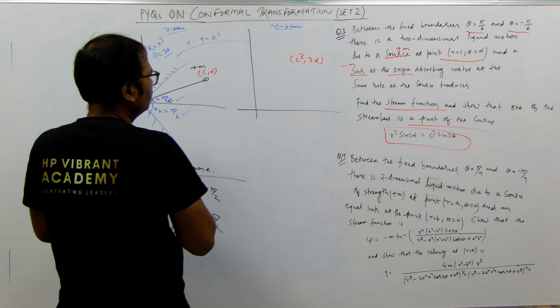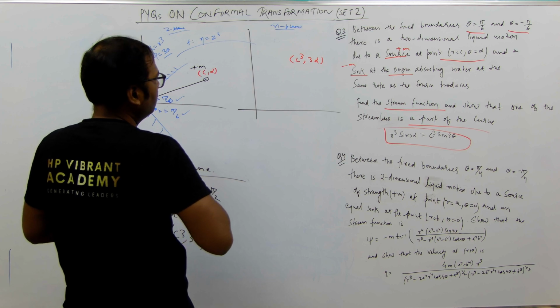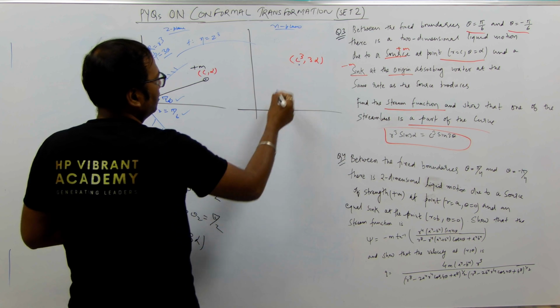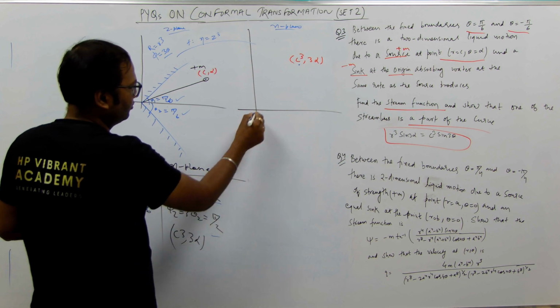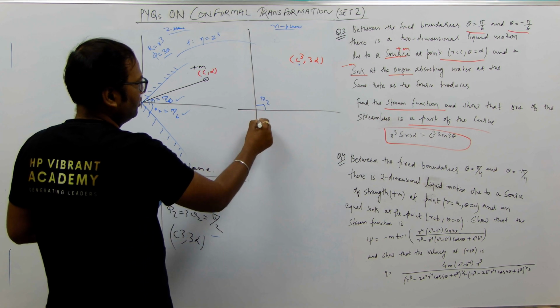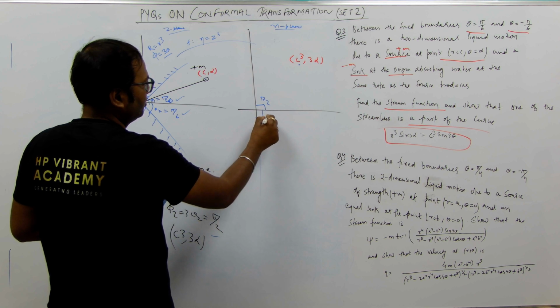Okay, and we have this as pi by 2 and pi by 2. So this is pi by 2 and this is pi by 2.